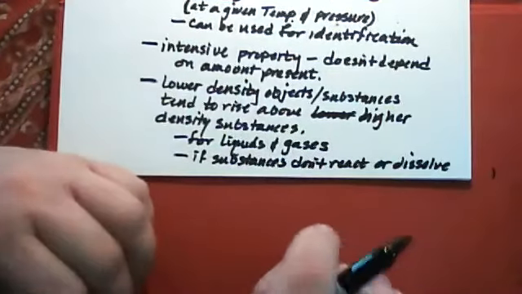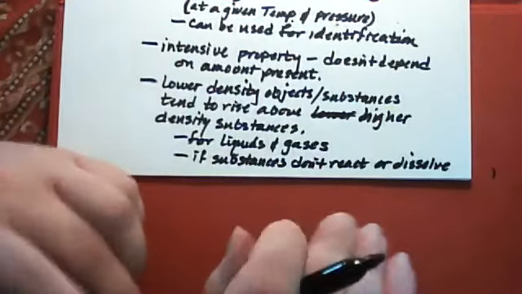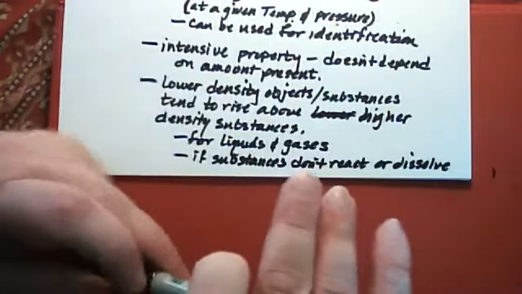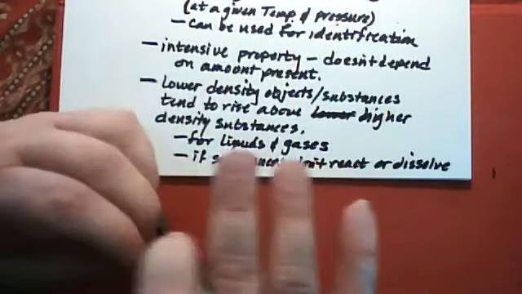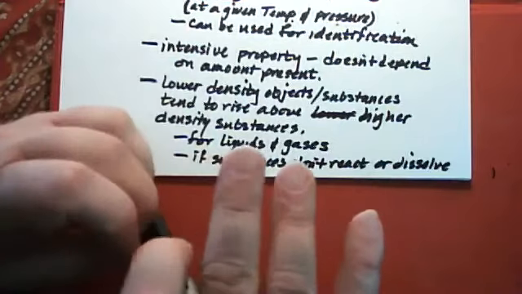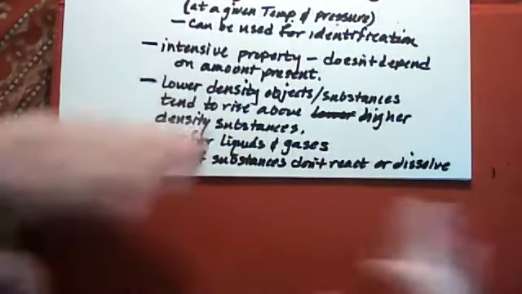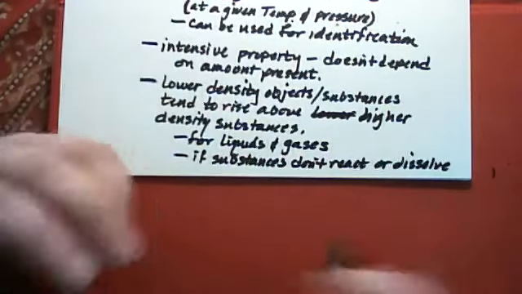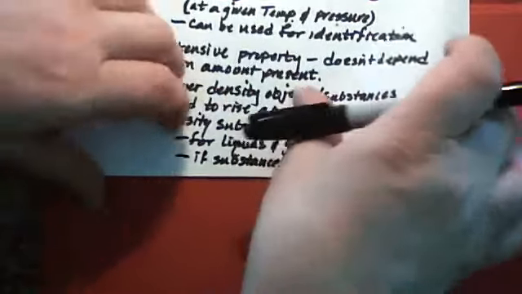I mentioned the example of oil and water. When you put oil in water, the oil rises to the top. Alcohol is also less dense than water, but if you put alcohol in water, it doesn't rise to the top, it mixes in with the water. So the alcohol will dissolve in the water. So that would be an exception.